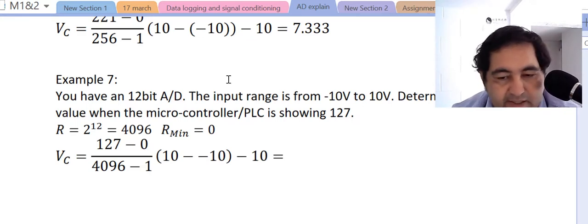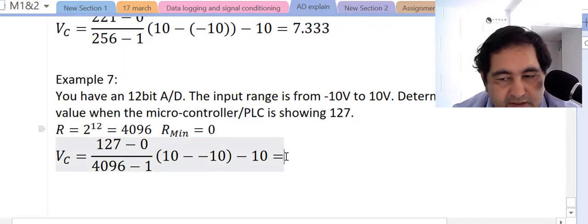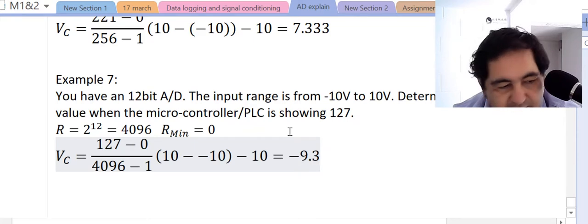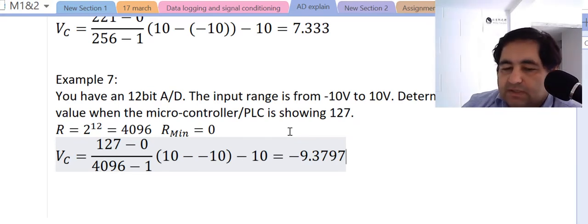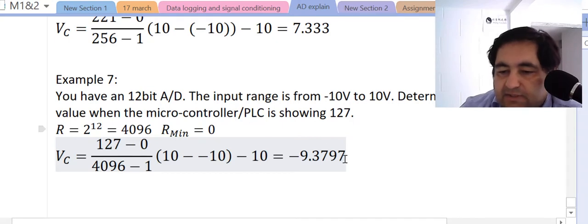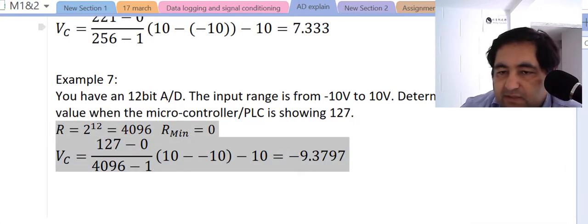So here the number that I am getting is minus 9.379897. So you can see that it is actually pretty different from what we had in the previous case.